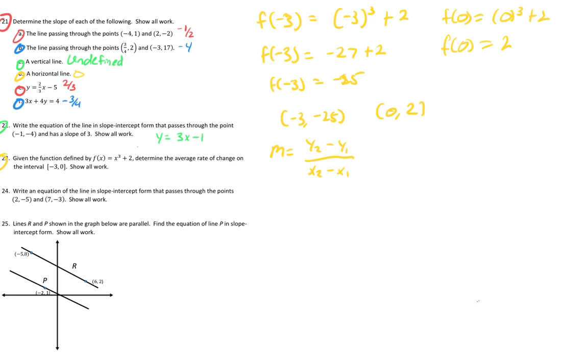So here we'll have 2 minus a -25 over 0 minus -3, which will be 2 plus 25 over 3. So the average rate of change over the interval of -3, 0 is 9.